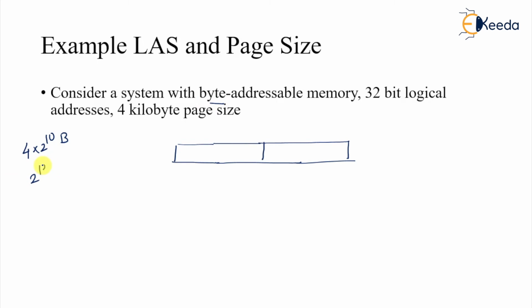It will become 2 to the power 12 bytes, and the number of bits for the offset part will become 12 bits. And how many remaining? The total size here is 32 bits, and we are remaining with 20 bits. Okay, so that is how it has been computed.